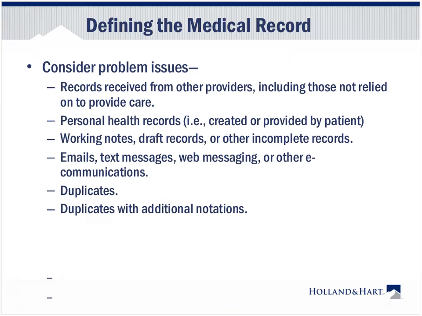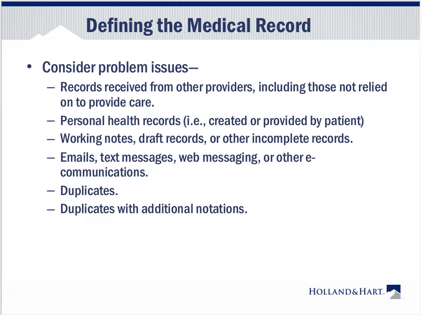Some things to consider as you're determining what's included in a medical record. What about records received from other providers? Now, we know under the designated record set definition that if it's being relied on to provide care, then it needs to be included. But what if it's not being relied on to provide care? That's something to consider in your policy. Personal health records that were created or provided by the patient.